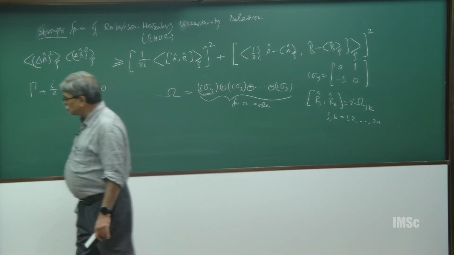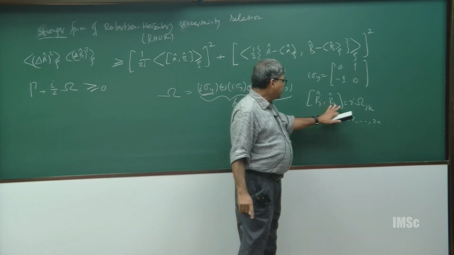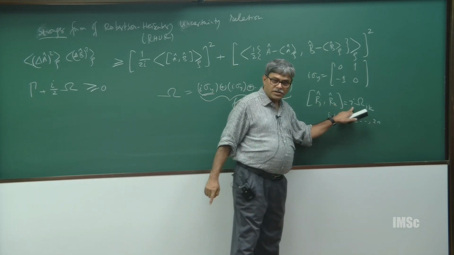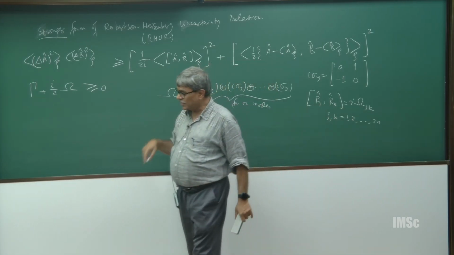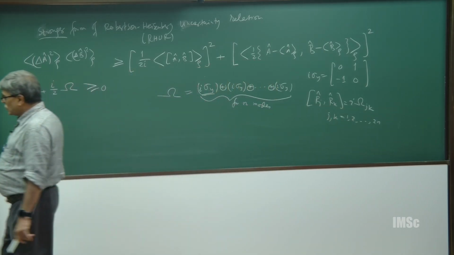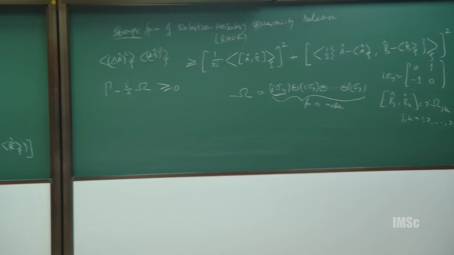Okay. Like x1 x2, that means x1 and p1 should be equal to iota, x1 and x2 should be equal to 0, all such things will be there. So, rather than this condition, which is of course true for any covariance matrix, you should have this one.